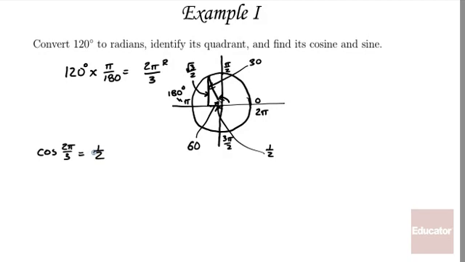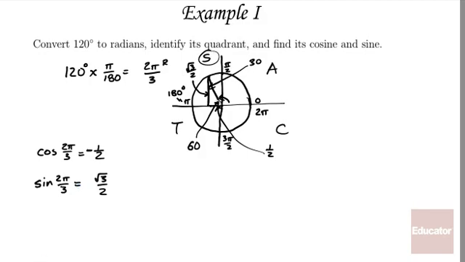So remember, all students take calculus. In the second quadrant, only the sine is positive, so the cosine must be negative. The sine of 2 pi over 3, the y value, is root 3 over 2. In the second quadrant, sines are positive, so that's positive. So our cosine and sine are negative 1/2 and root 3 over 2.